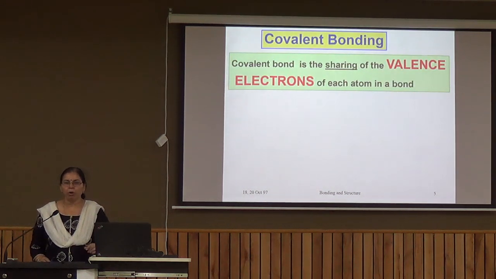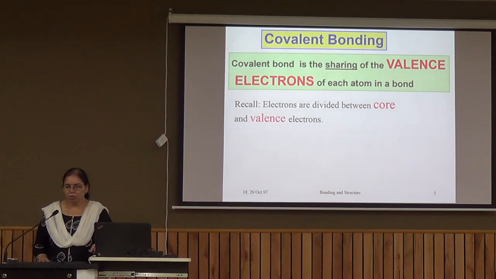Now another bond, that is the covalent bond. A covalent bond is formed by sharing of electrons, meaning the electrons which are present in the valence shell, called valence electrons. In this type of bond the transferring or sharing of electrons will take place, which are present in the outermost shell.